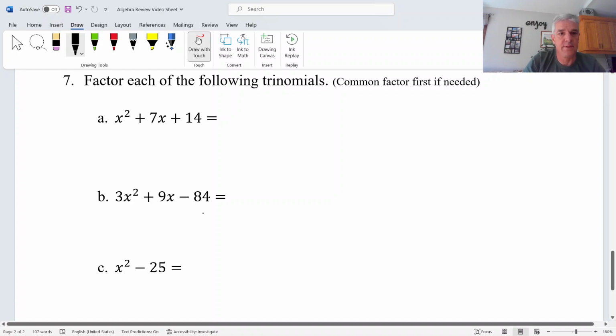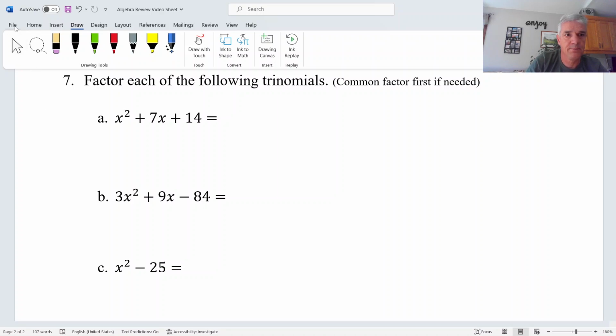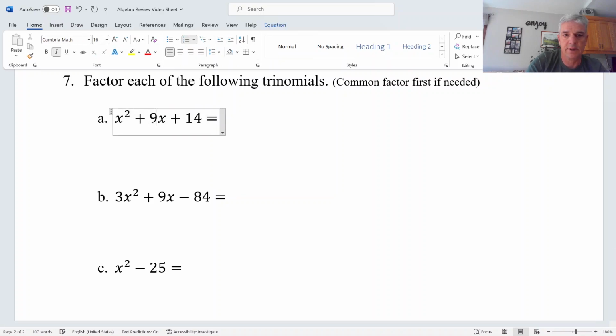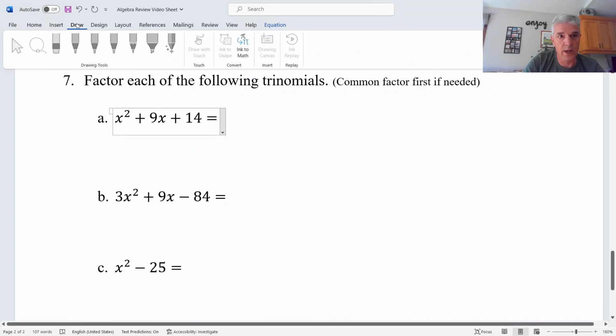So that 7 must be a 9. I'm just going to change that for a minute here. I'll make sure that on the sheet that you get, it is a 9, not a 7, okay? So I'm just going to change that. It's not going to work. Must have been an error on my behalf. And then we'll go back to the drawing board here.